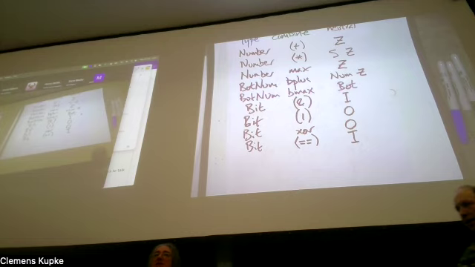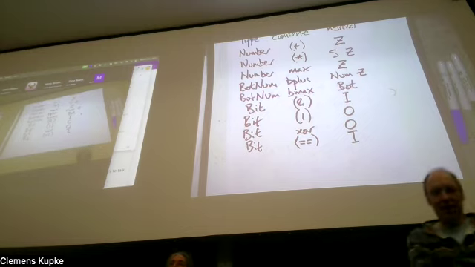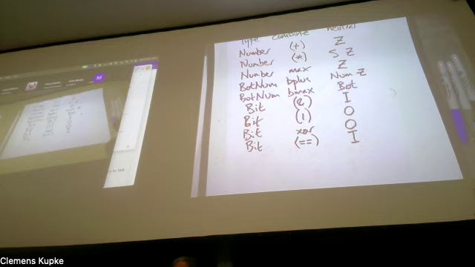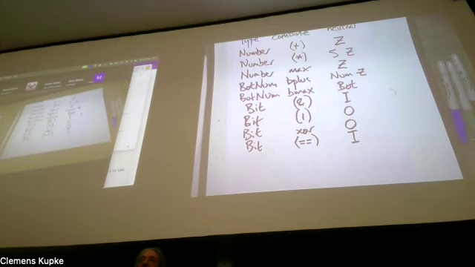So the interesting thing to do is to send 1 to true. So we get the operation that sends 0 to false and 1 to true, and XORs all the things. So that's the test on numbers that says whether a number is odd.